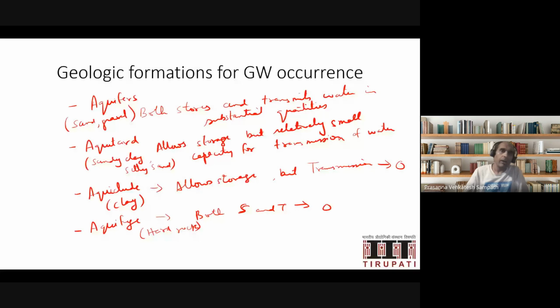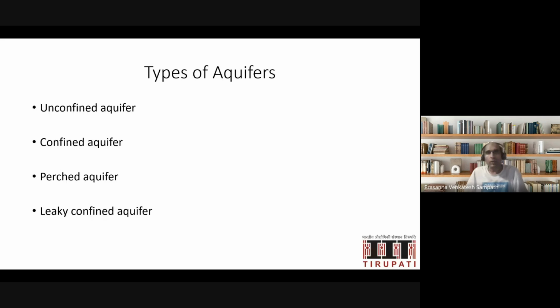Okay, all right. So now we are going to spend some time looking at aquifers. When it comes to aquifers, I've just listed four. There might be a few more minor varieties, but these are the broad categories of the different types of aquifers that are present. The first one is the unconfined aquifer.